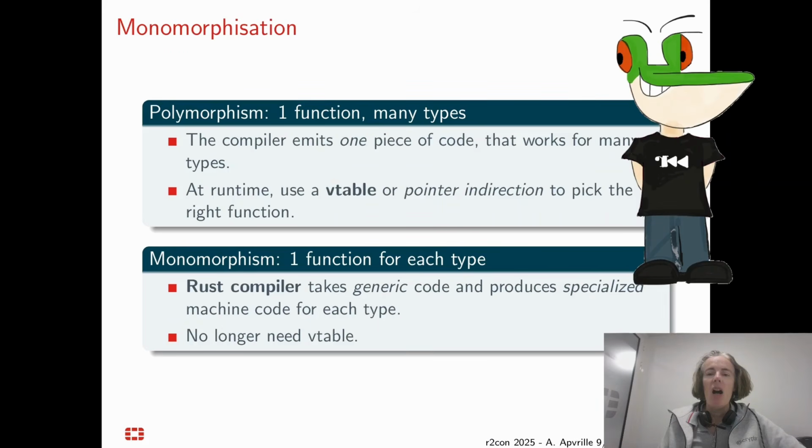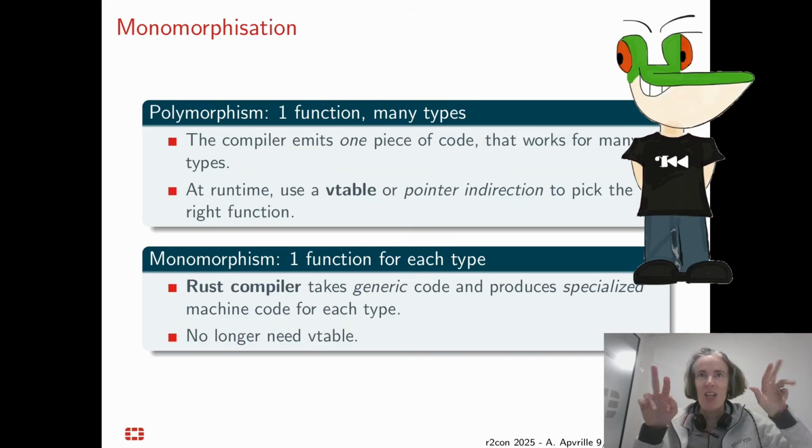I'm sure that you know what polymorphism is. Polymorphism is a function which can be used over several different types. Monomorphism is kind of the opposite, not quite. It's the concept where you generate one function for each type that your generic function is meant to work on.